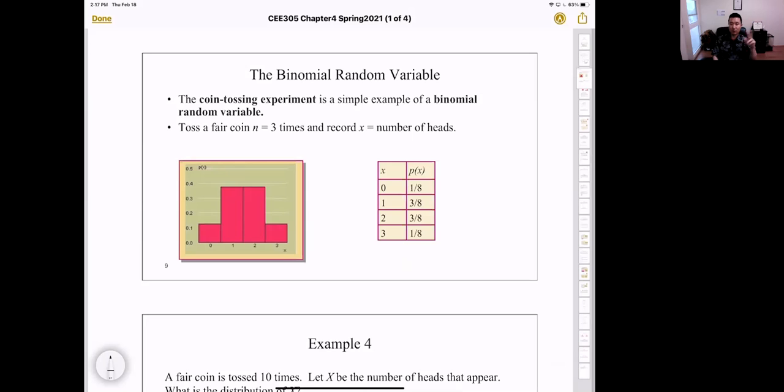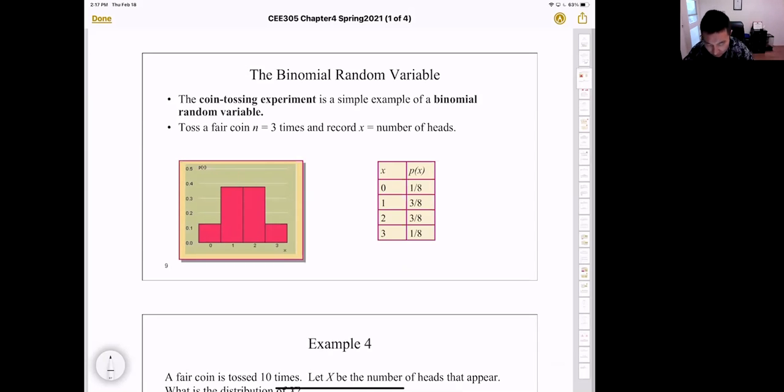We only have two possible outcomes: success or failure, head or tail. And we toss a coin n times, and each time the success rate p doesn't change. So tossing a coin n times is a classic binomial distribution.